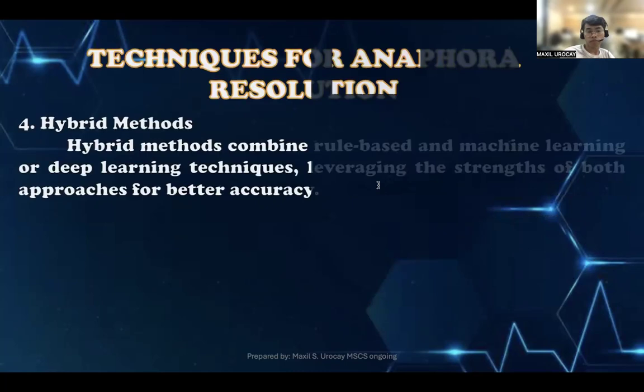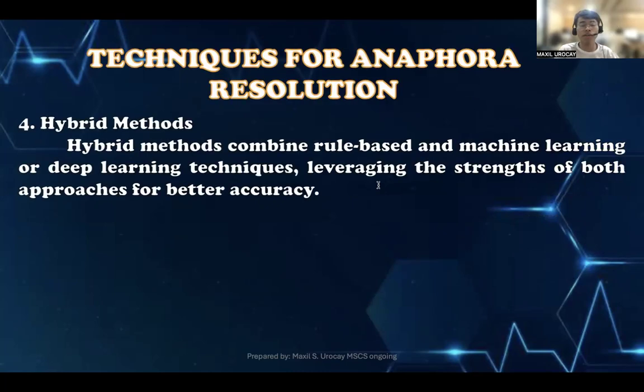We also have another technique for anaphora resolution, which is the hybrid method. A hybrid method combines rule-based and machine learning or deep learning techniques, leveraging the strengths of both approaches for better accuracy.